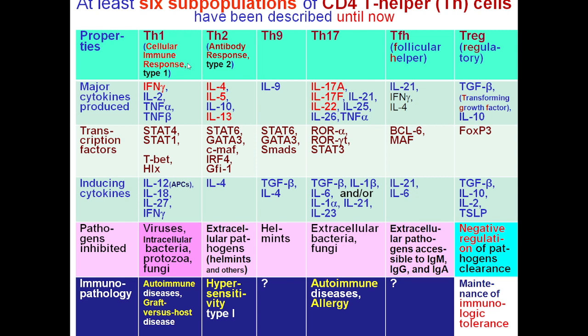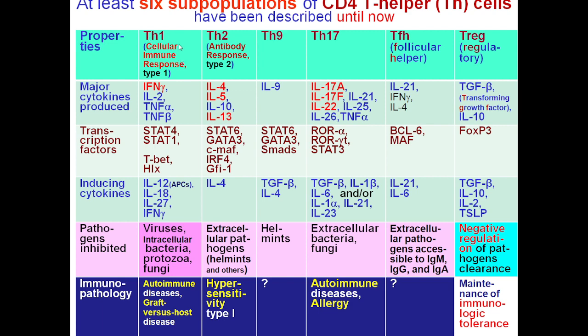T helper type 1 secretes interferon gamma, and this interferon gamma serves as an immunomodulator. It means that when interferon gamma is present in the microenvironment where naive T helper cells start to be activated, under stimulation of interferon gamma, the naive T helper cell, T helper 0, matures to T helper type 1.